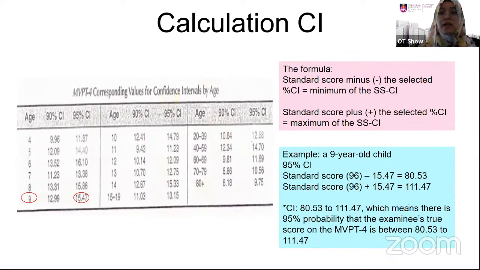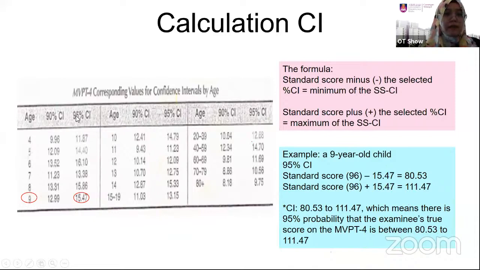Okay, contohnya umur kanak-kanak tersebut 9 tahun. So saya pilih 95% confident interval. So dia punya standard score dia adalah 96. Okay, kalau kita tengok dekat table di sebelah kiri, kolom yang paling kiri sekali, age dia umur 9 tahun.